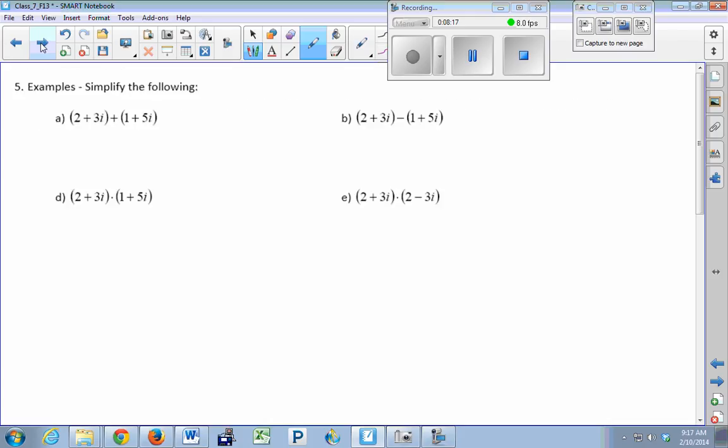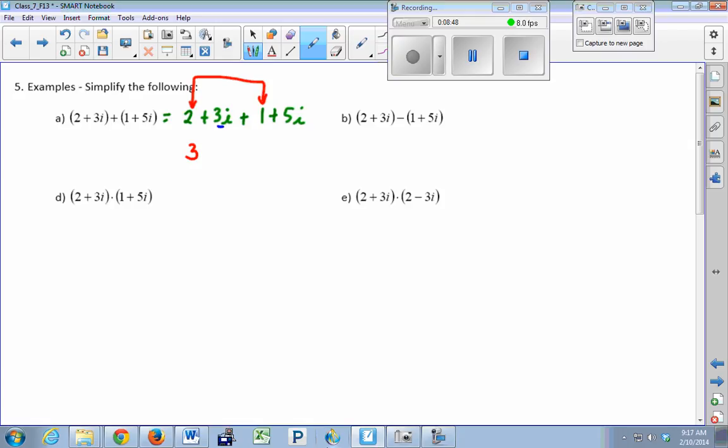So we pretty much add and subtract and multiply these types of numbers in exactly the same way we always do. Always in mathematics, you add and subtract like things. So if you just drop your parentheses here and you write out this expression with these 4 terms, you put together the ones that look alike. So your real numbers here are 2 plus 1. You put those together and you get 3.